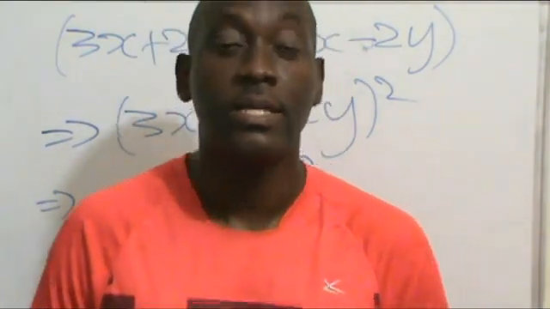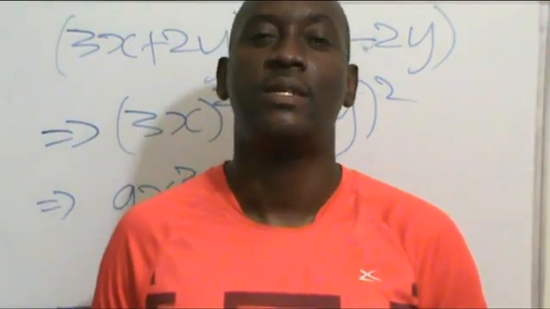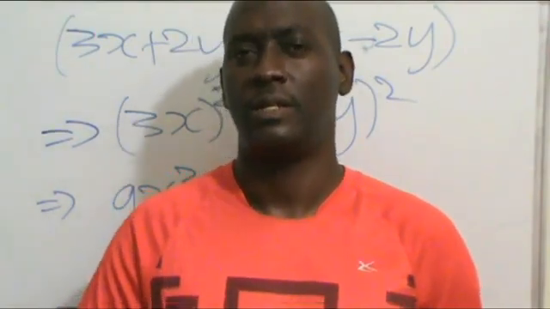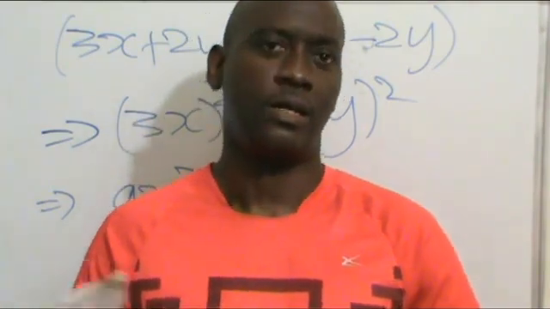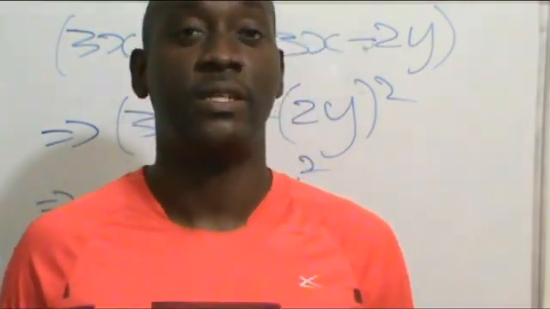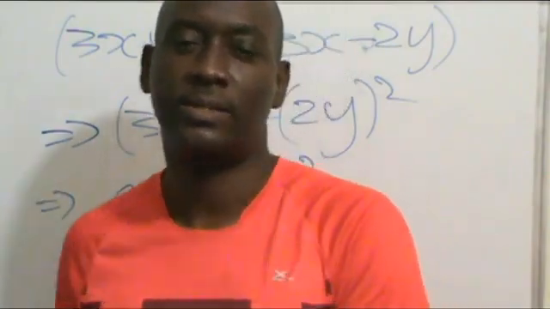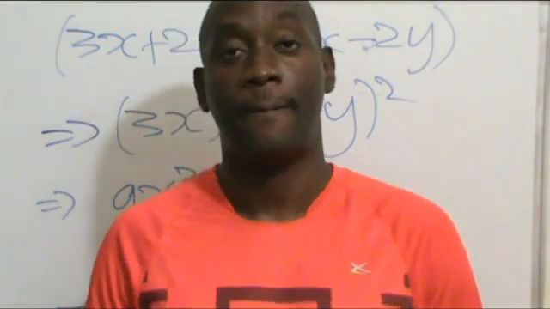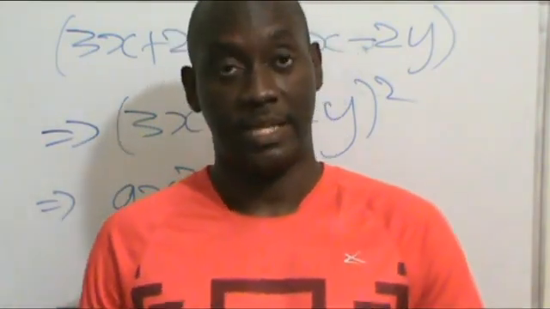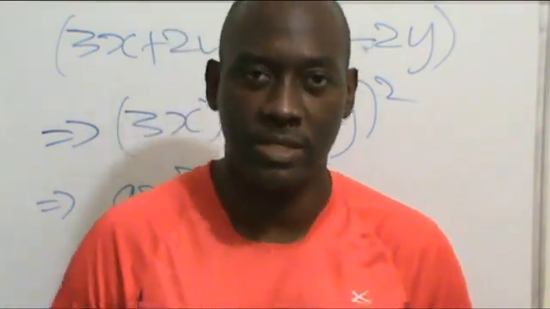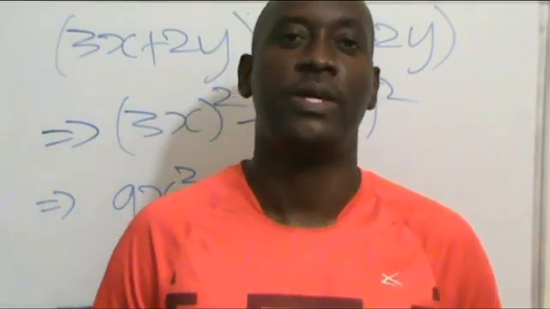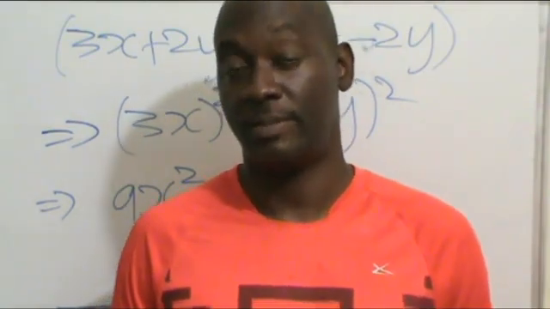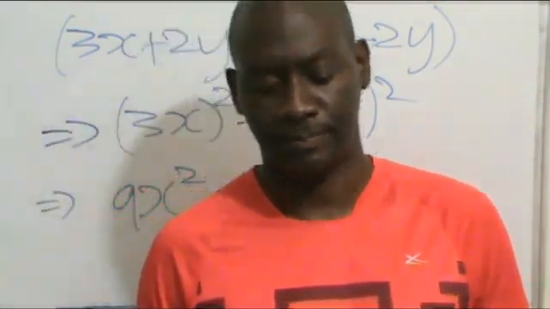The bottom line is that learning will take place so that when you find yourself in the exam under pressure and you see 2x minus 3 into 2x plus 3, you know immediately that is 2x all to be squared minus 3 to be squared, which is 4x squared minus 9. And you'll be able to work out any other variation of the difference of two squares or the expansion of a plus b to be squared or a minus b to be squared.